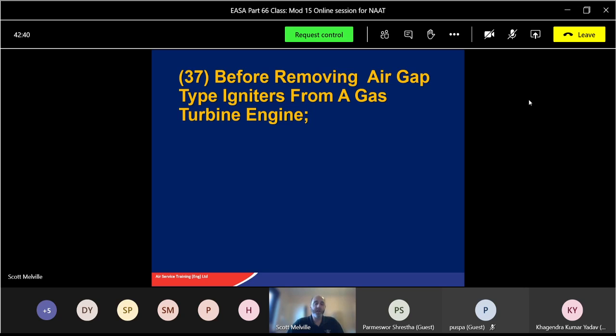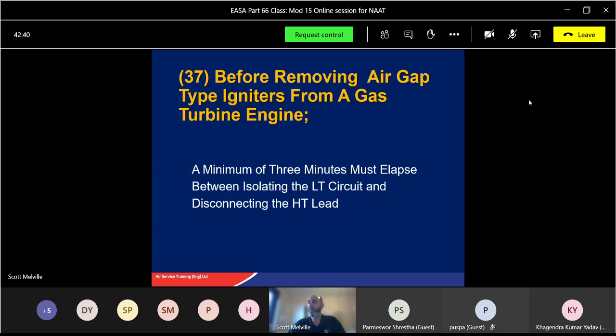Then you can disconnect your HT lead, and then you can disconnect your igniter, okay? Providing you're still alive. So a minimum of 3 minutes must elapse between isolating your LT circuit and disconnecting your HT lead last. Always in that order. Don't do it the wrong way around.